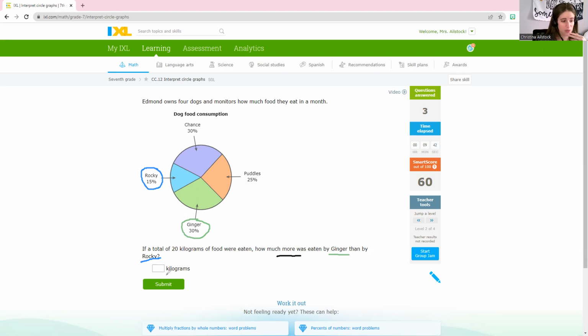It's wanting to know the exact kilograms, and it's telling us that for this entire circle graph here, 20 kilograms of food was eaten. So that means 20 kilograms of food equals 100%.